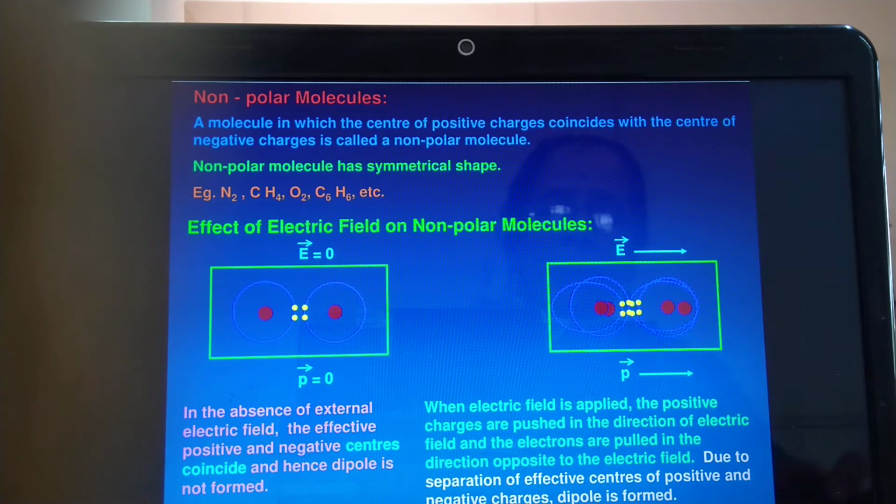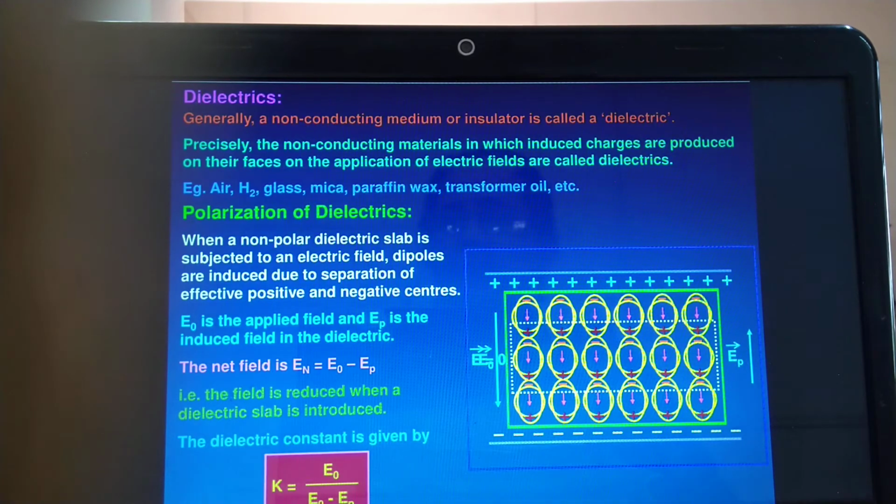Means there is a separation of charge. The same separation of charge will happen here. So E0 is the applied electric field, the actual electric field applied, and EP is nothing but the induced field due to the dielectric.